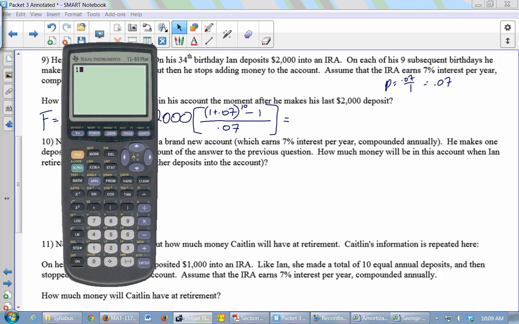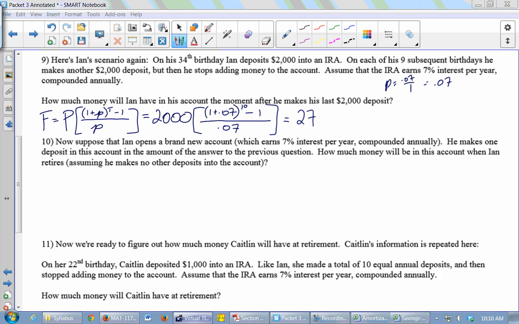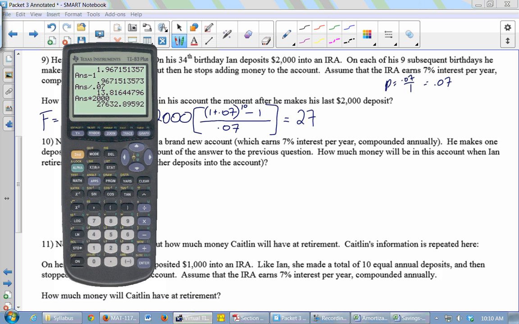Okay, so 1.07 raised to the 10th, then minus 1, then divide by 0.07, then times $2,000. And we get 27,632.89.